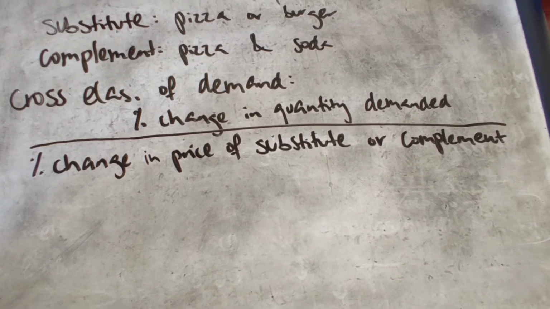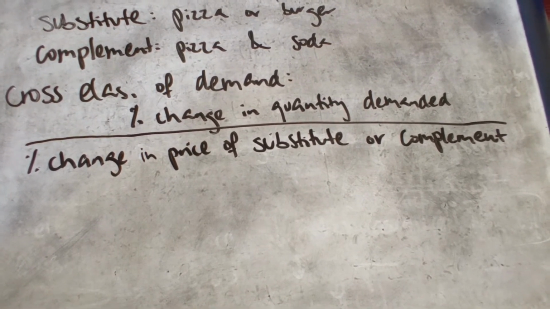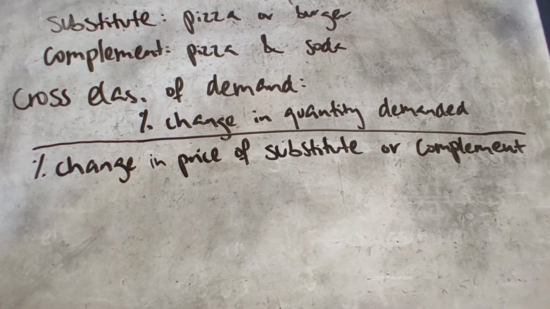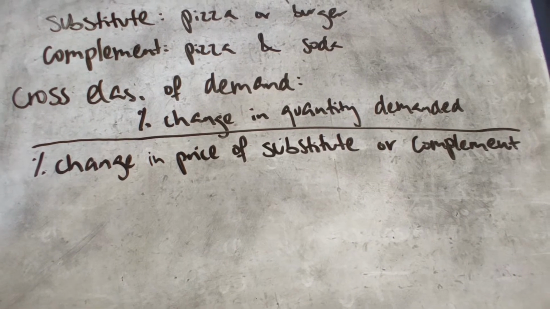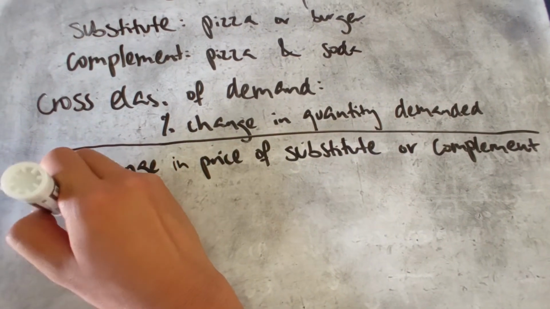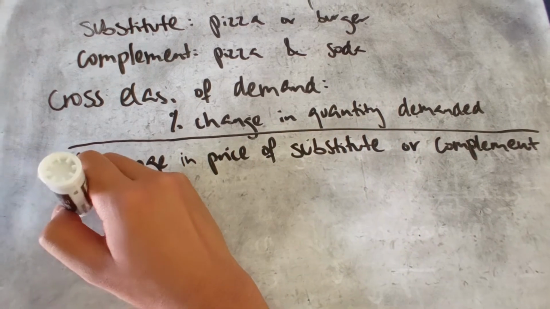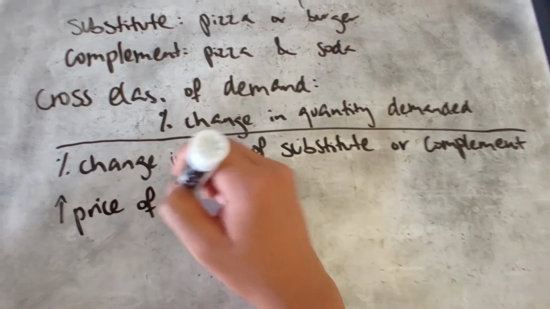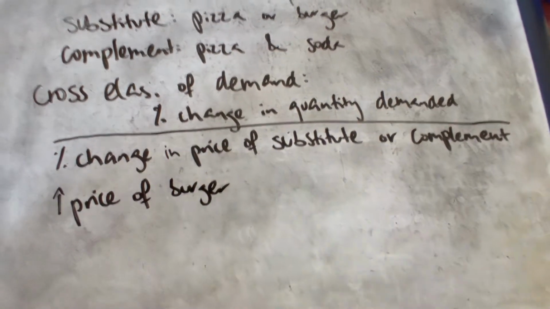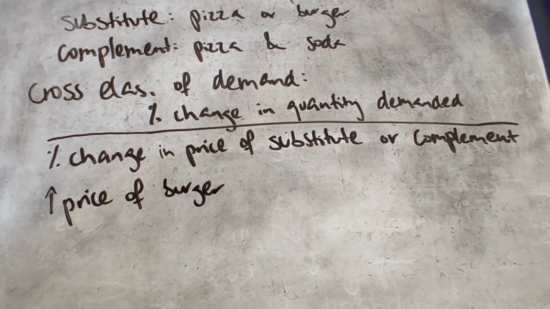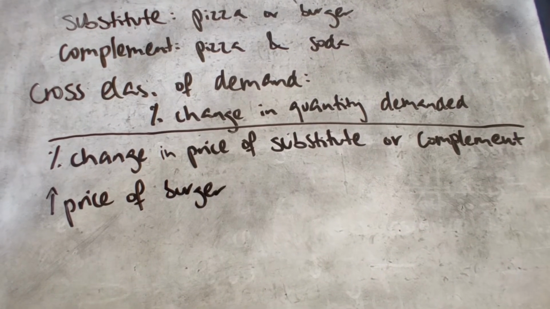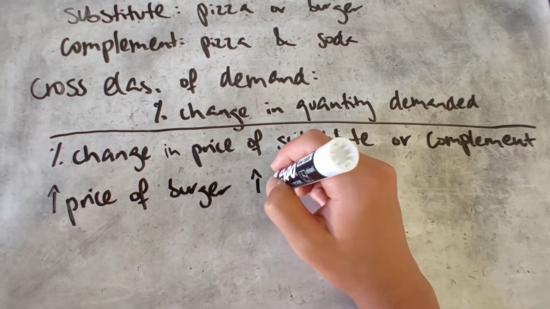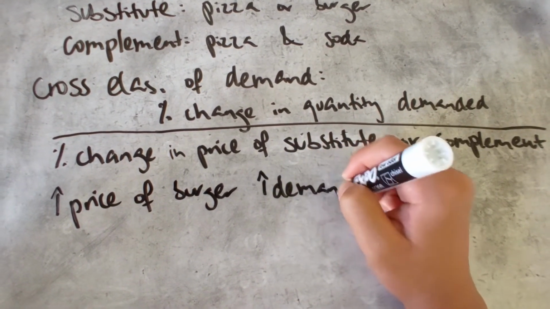So usually when the price of a substitute increases, then the demand of the actual object increases as well. So say for example the price of a burger increases. Because the burger is a lot more expensive, then more people will buy pizza, which is a lot cheaper. So then the demand of pizza would increase.